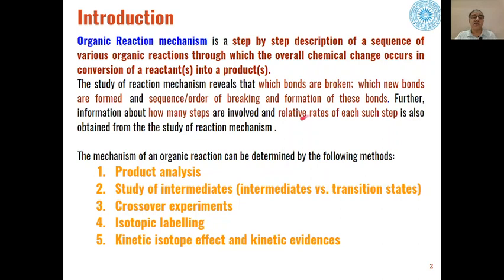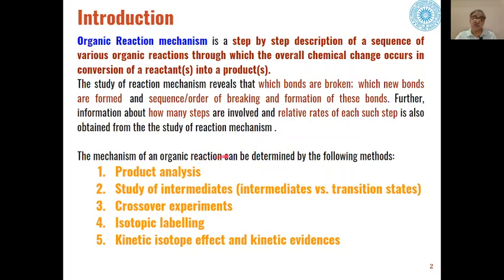It also gives us information about how many steps are involved in completion of that reaction, and in each step, what is the relative rate of reaction for conversion of one kind of intermediate into another kind of intermediate before the formation of the product.